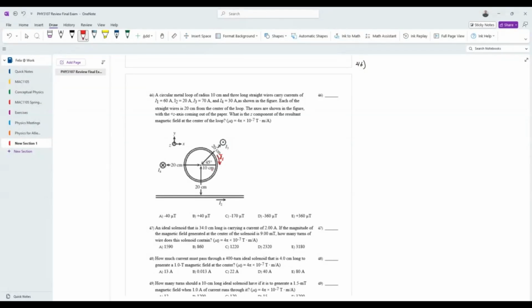The current here in this loop is equal to 60 amperes. I sub 2 is the current in this straight wire, a current of 20 amperes. So this one is 60 amperes. This one is 20 amperes.